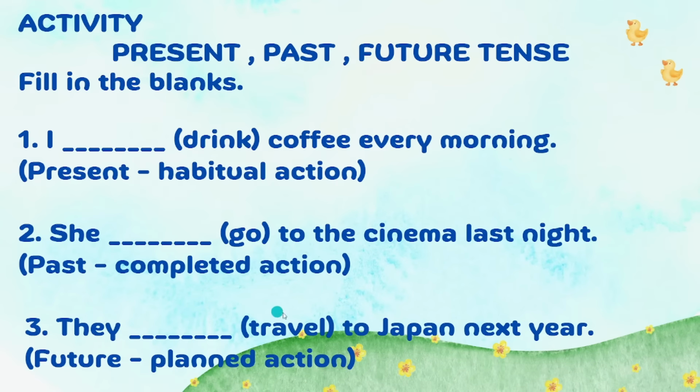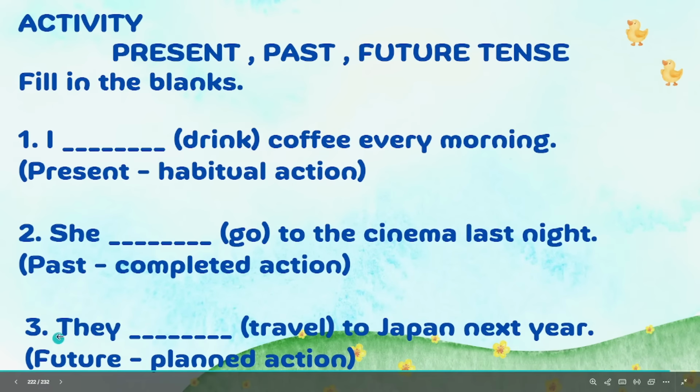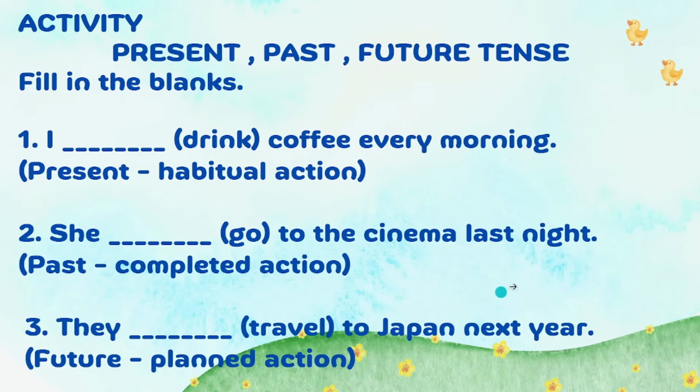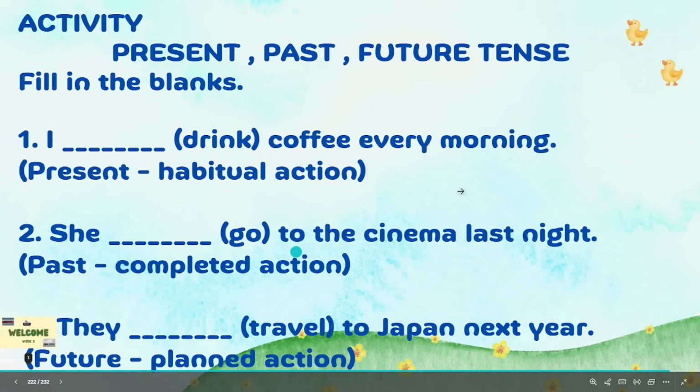Will travel to Japan next year. Okay, you will use will because it's future. So, they will travel to Japan next year. Okay? For number 4.